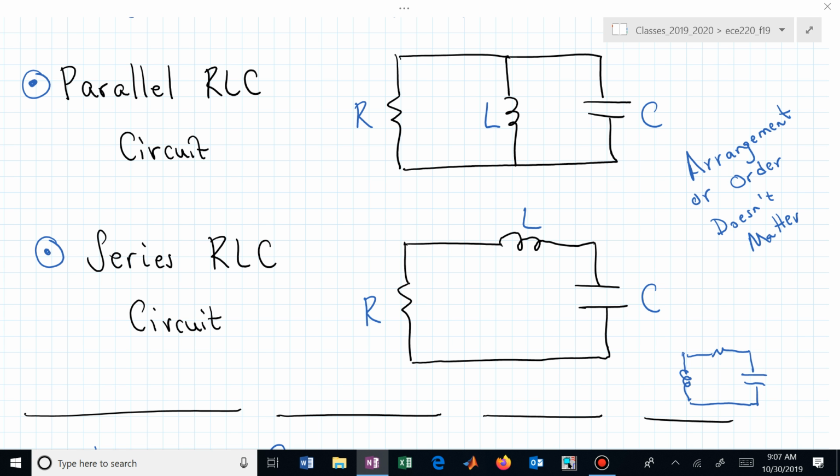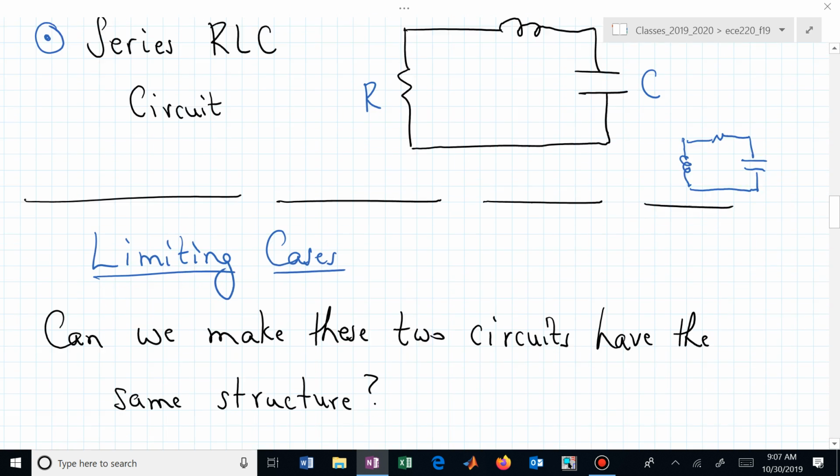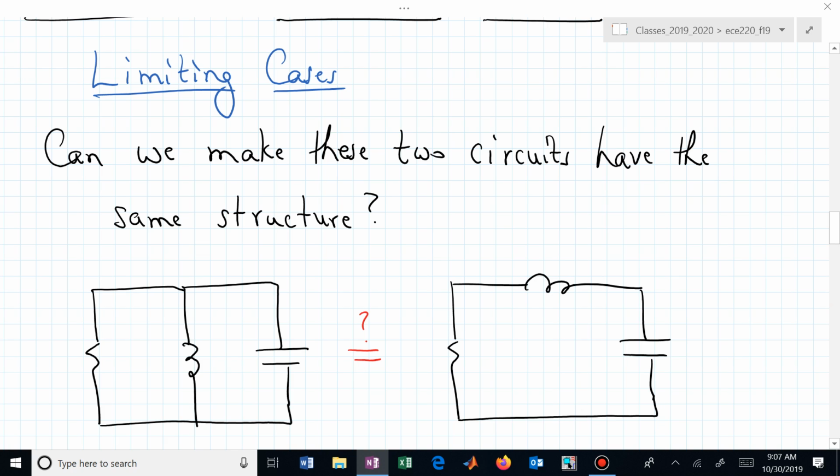So if the book gives you a problem with a different orientation or arrangement, you can't throw up your hands, or on the exam say, well, we've never seen that one. The exam gave us an LRC circuit. We've never done that one. Yes, you have. Okay? So RLC, LRC, CLR, whatever, it's the same.